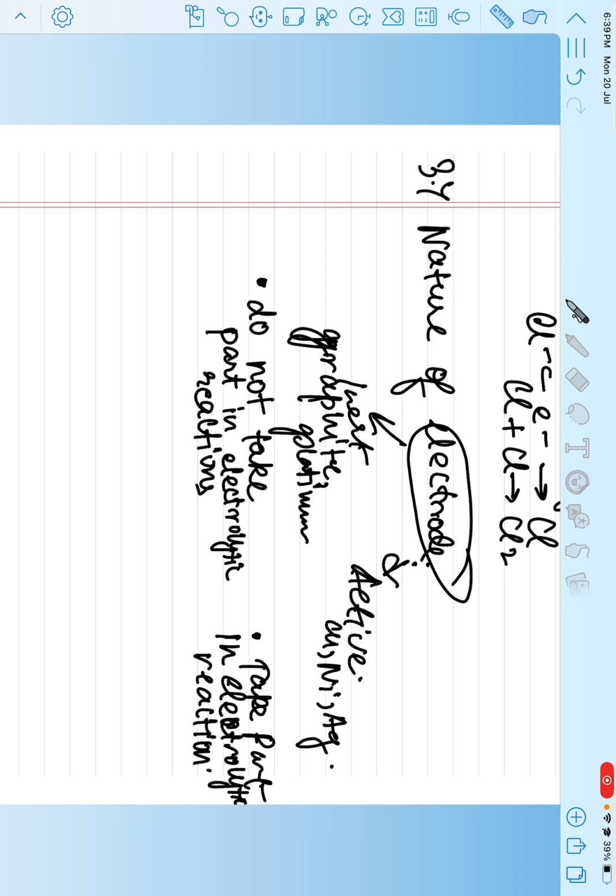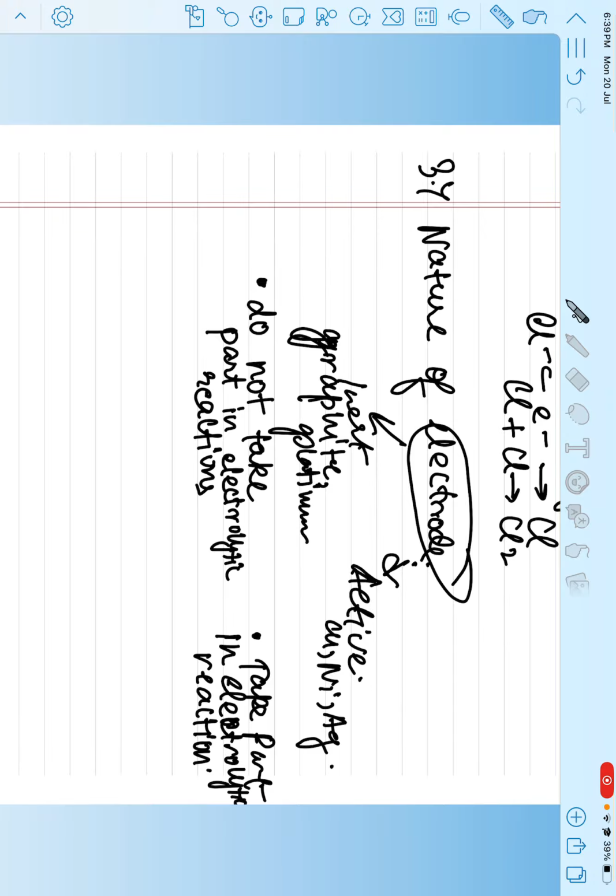Okay, that's what we'll be discussing in the next video. And then we'll first discuss the electrolysis of copper sulfate solution using platinum anode and copper or platinum cathode. Okay, that is it.